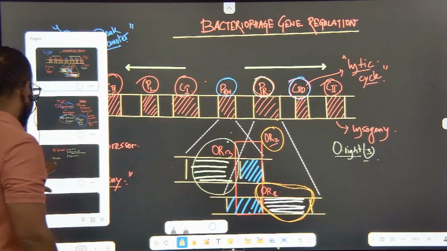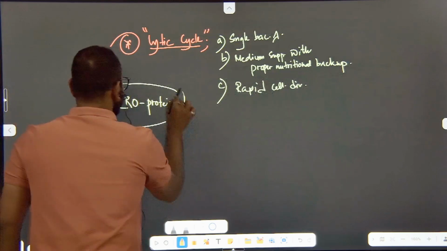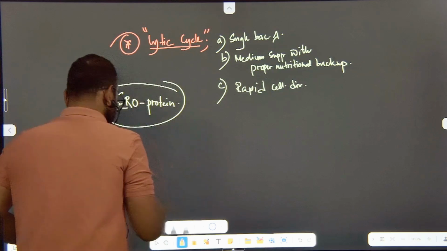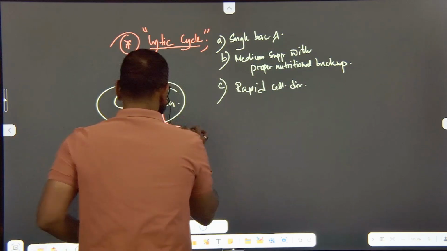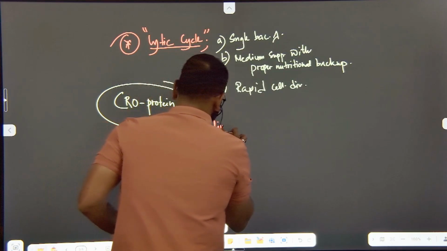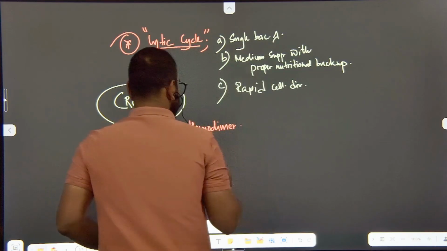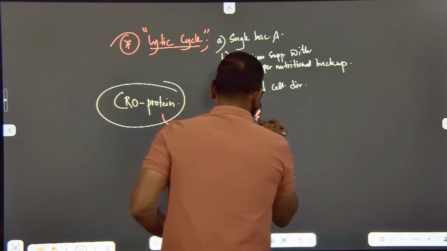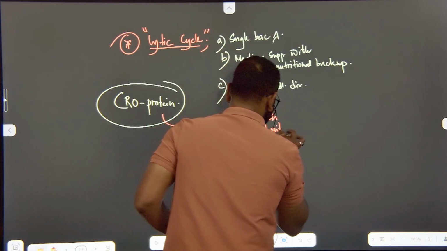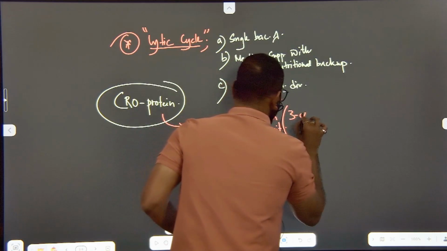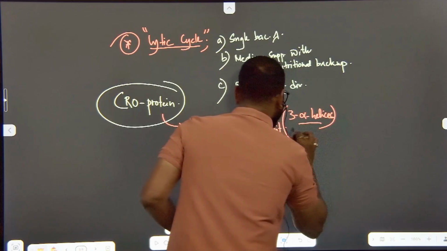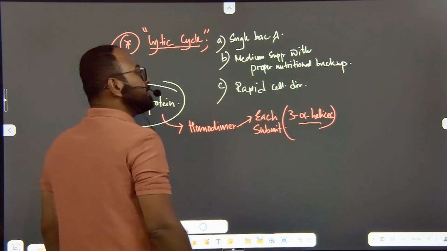We need to know a bit of this protein's structural orientation. This protein is a homodimer where each subunit bears three alpha helices.